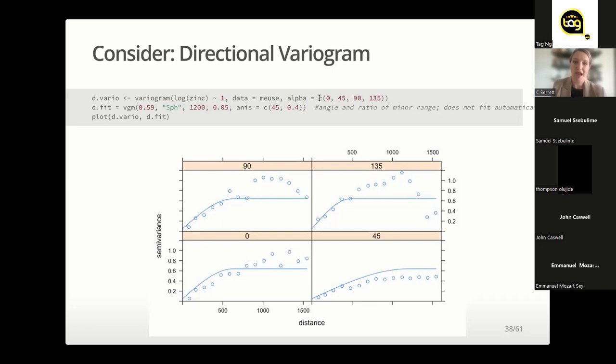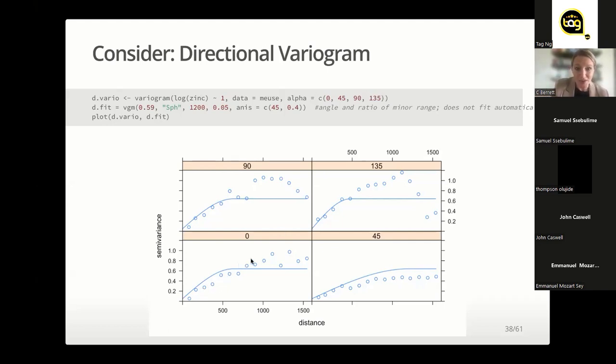So we're going to look at the 0 angle, which is the horizontal direction, and it'll take some tolerance within that 0 angle as well. Then we're going to look at a variogram at the 45-degree angle, so northeast to southwest. Then we'll look at the 90 angle, so north to south, and then the 135 angle, so northwest to southeast. Beyond 180, it just does the same thing.